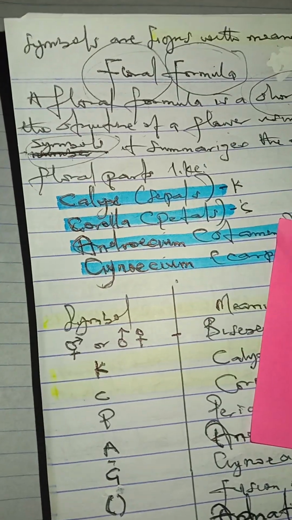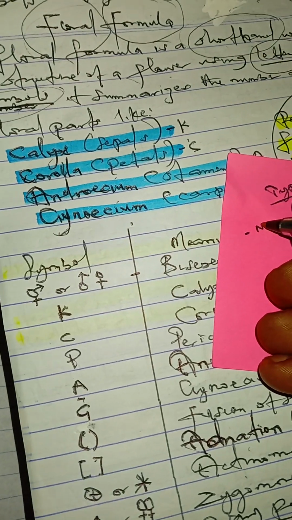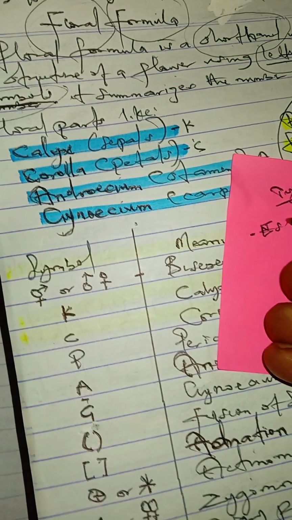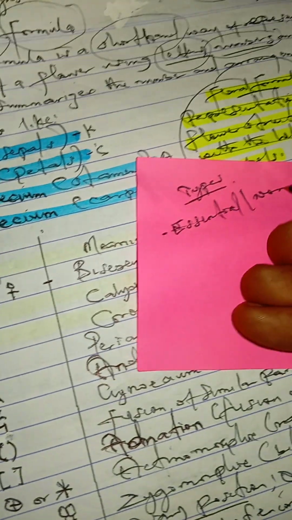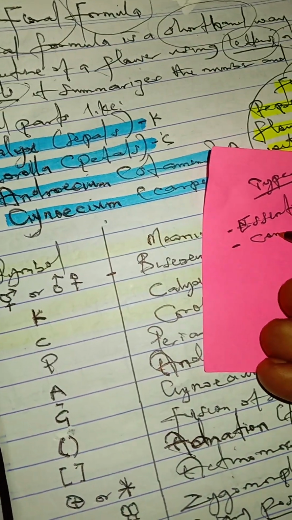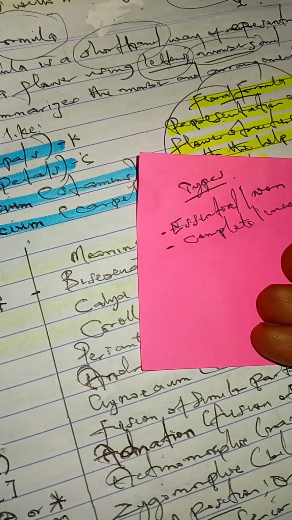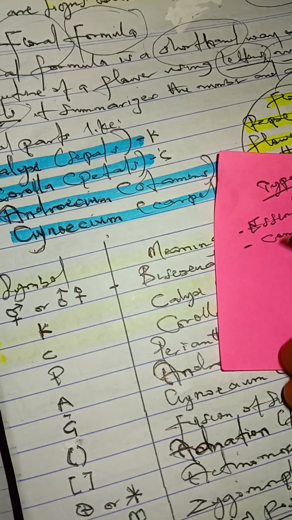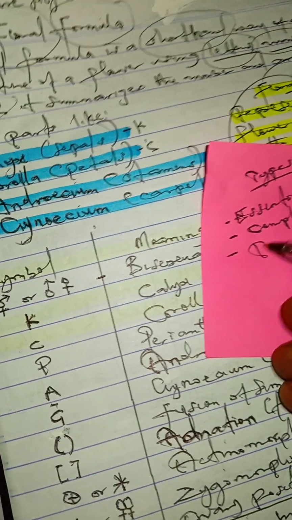We are talking about flower. We have the essential and the non-essential flower. We have the complete and the incomplete. We have the perfect.